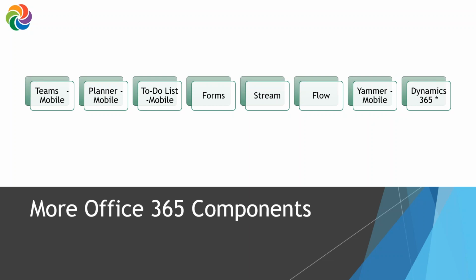So they don't do it right now, but eventually all of the tasks from wherever they're coming from will end up coming into that to-do list. So you don't have to bounce between applications to work on your tasks. And again, there's a mobile app for that, and I actually find that that particular application is probably more useful on the mobile than it is on the desktop, at least for me.